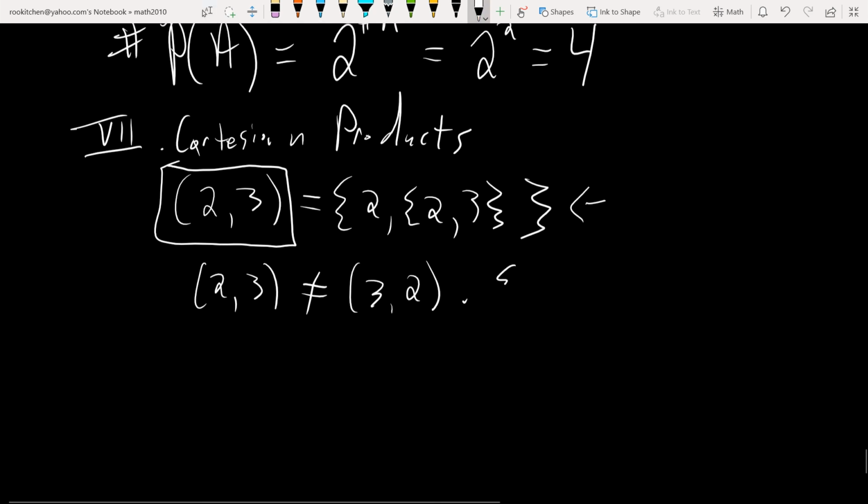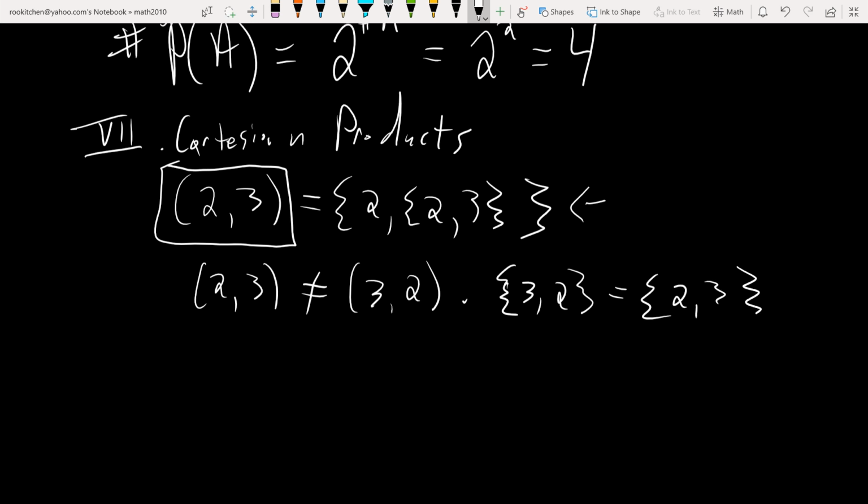The set {3, 2} is exactly the same as the set {2, 3}. If you use this notation, then it's no longer an issue. You can always describe which is which. Okay, so anyways, ordered pairs is basically what we're talking about here.